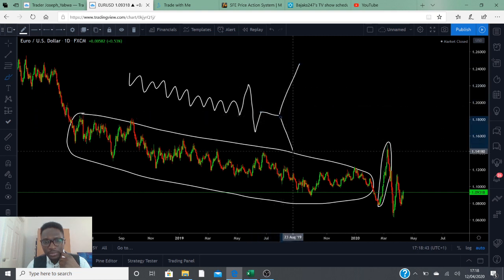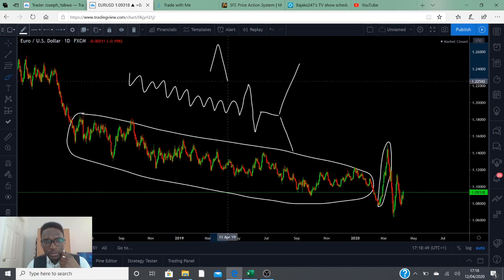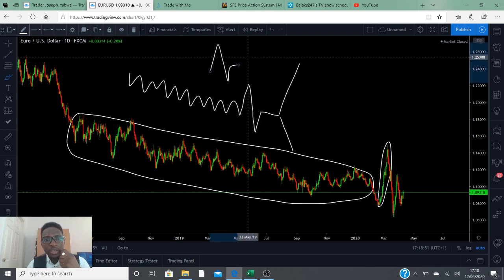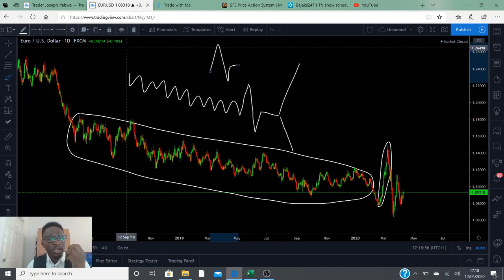Now you can take this structure that I put right here, this up-down structure. Where do you see this kind of structure? If you go to a hospital, those machines they connect to you that determine if you're alive or dead, the ECG machine, I think that's what it's called, I'm not too sure, but that's what you see.